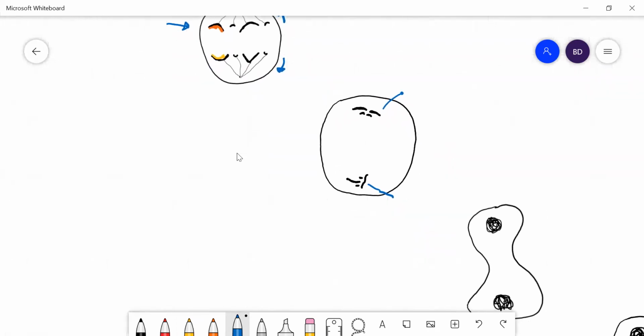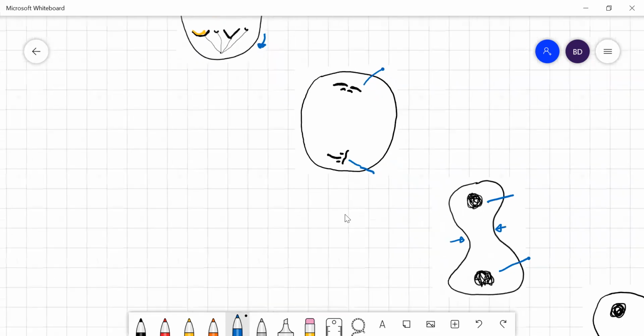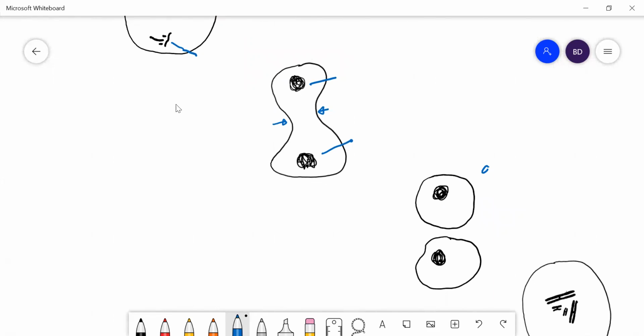Okay, so we end up with 2 separate nuclei here, one there and one there, and they're going to be absolutely identical to each other. And then the cytoplasm starts pinching off here, and eventually you end up with 2 separate daughter cells. Okay, these are called daughter cells, and they are genetically exactly the same.